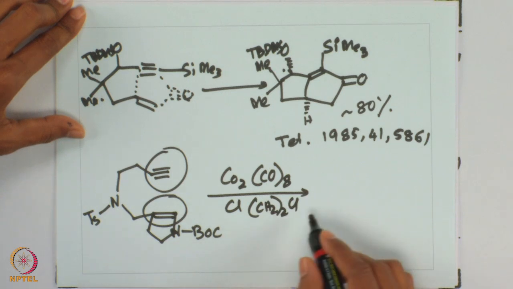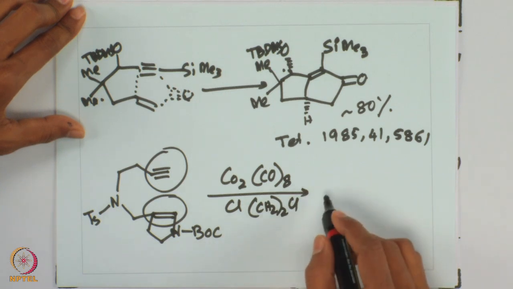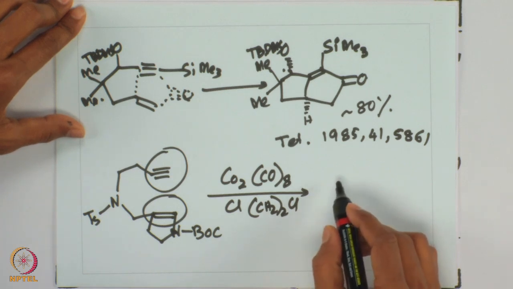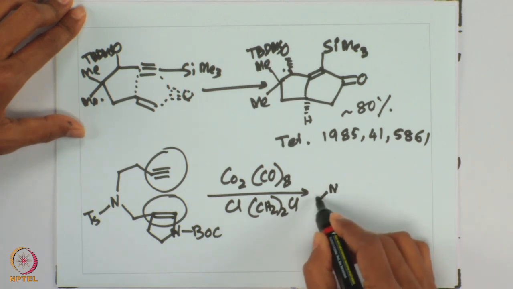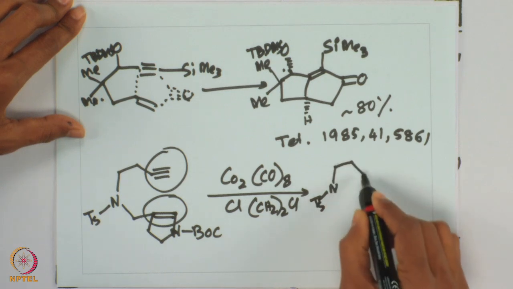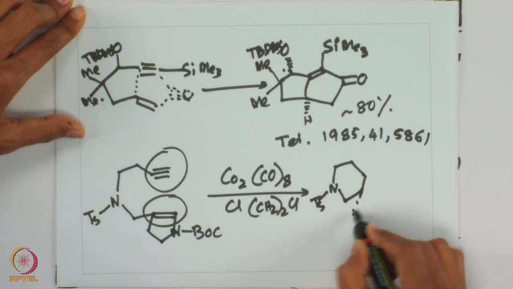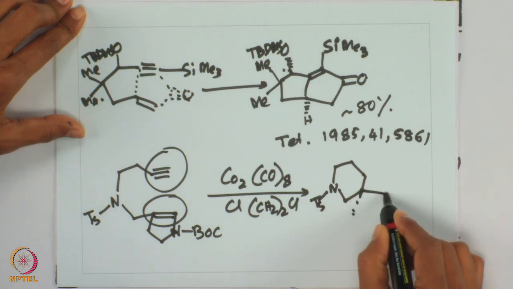Overall, in this reaction, this is again by Magnus in Tetrahedron Letters 2002, you get the desired product, and that is the cyclized one. It is a fused cyclic compound that you get.